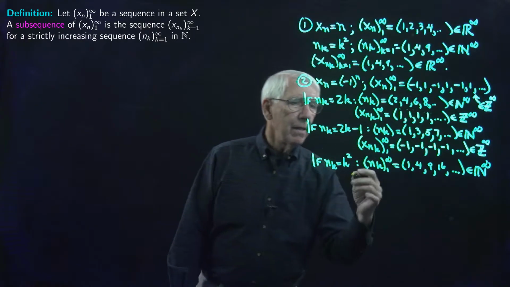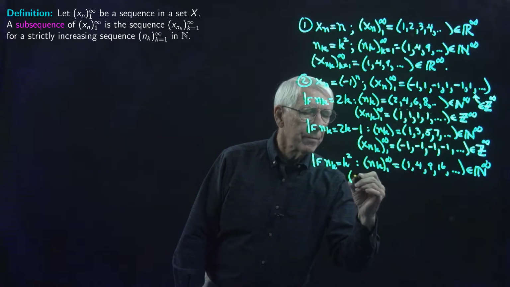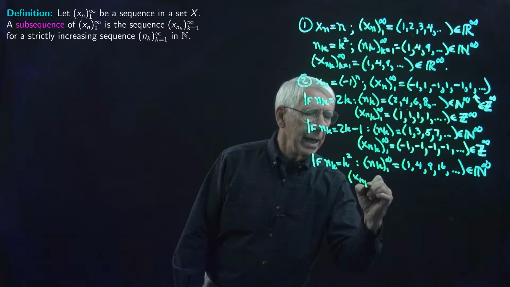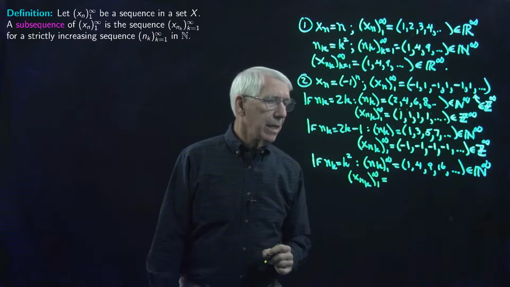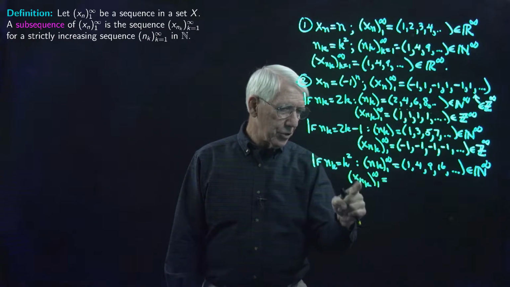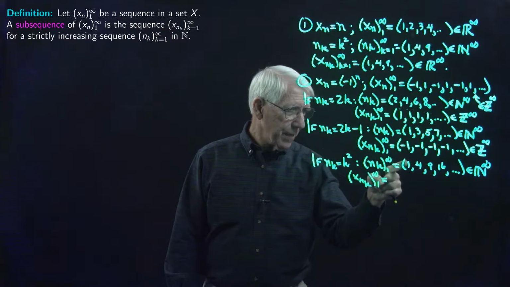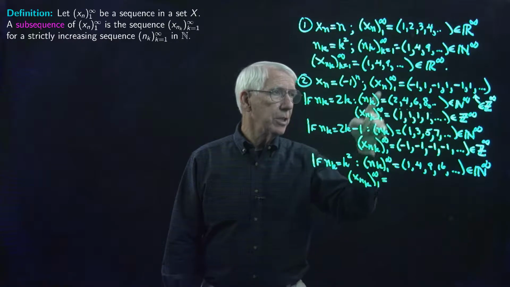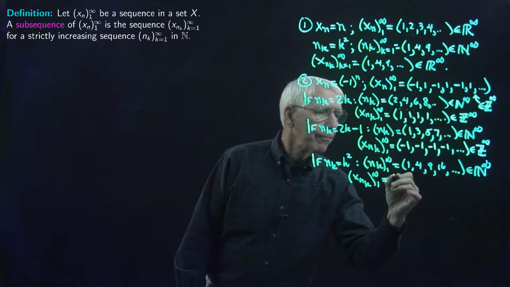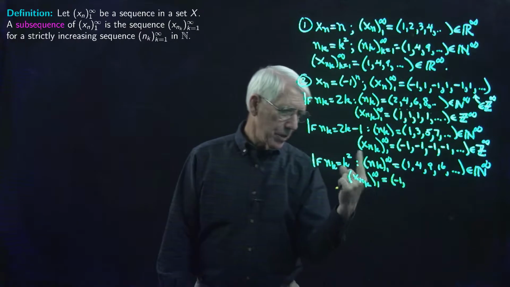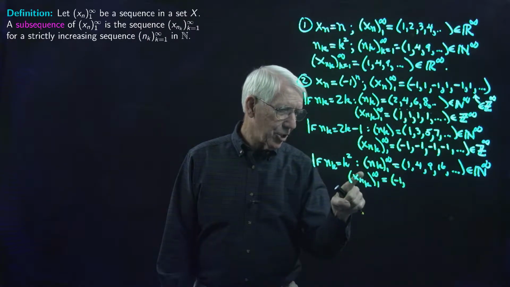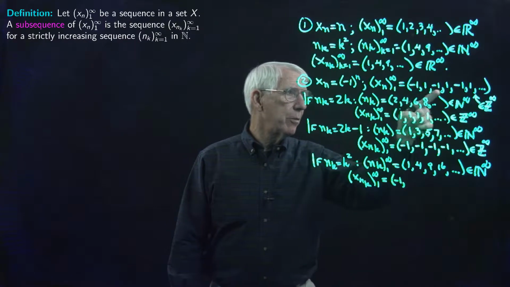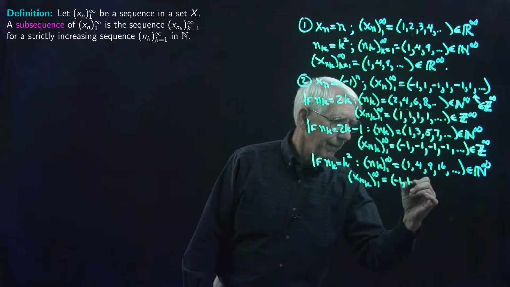And here, the sequence x nk is going to be, the first term of this sequence is the first term of the original sequence, minus 1. The second term of this sequence is 4, so the second term is the fourth term of the original sequence, 1.